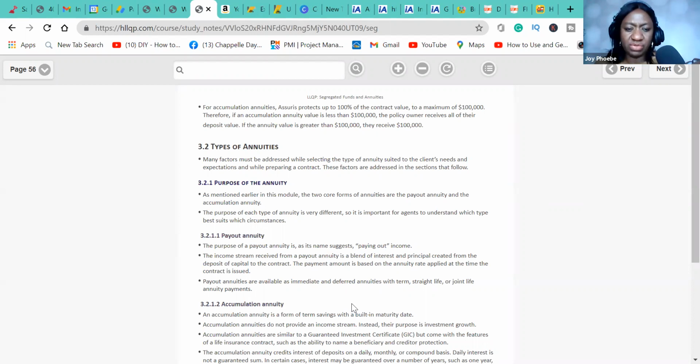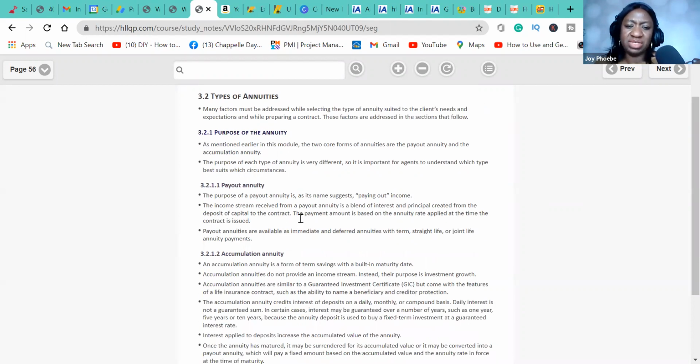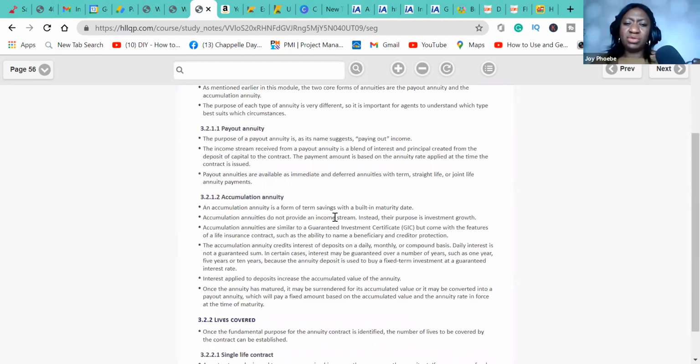Moving on to accumulation annuities. An accumulation annuity is a form of annuity that provides savings with a built-in maturity date. Accumulation annuities do not provide a stream of income.